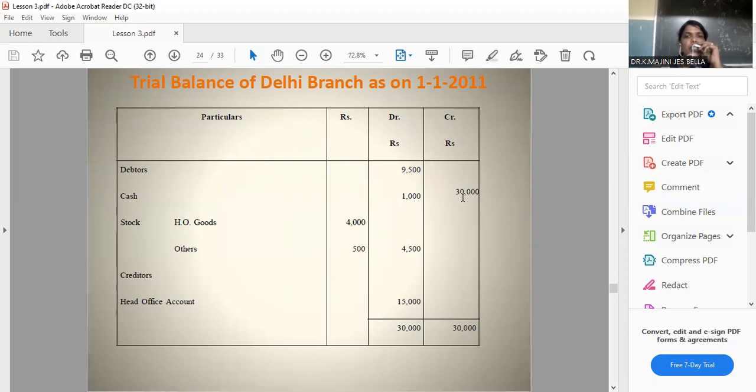You have to write it in the inner column, and other balance, 500. You have to write it in the inner column, just to total it, and write it in the outer column 4,500.